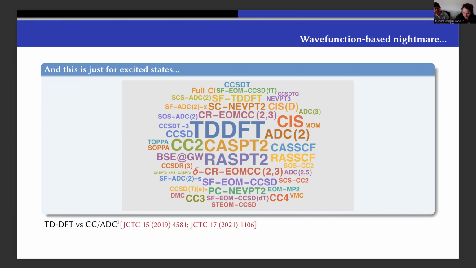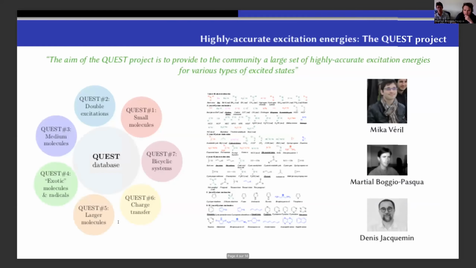If you want a fair comparison and to learn about your methods, what we usually do is benchmarking. What is very important is to have very reliable reference energies, numbers that you know are very accurate, as close as possible to full CI.